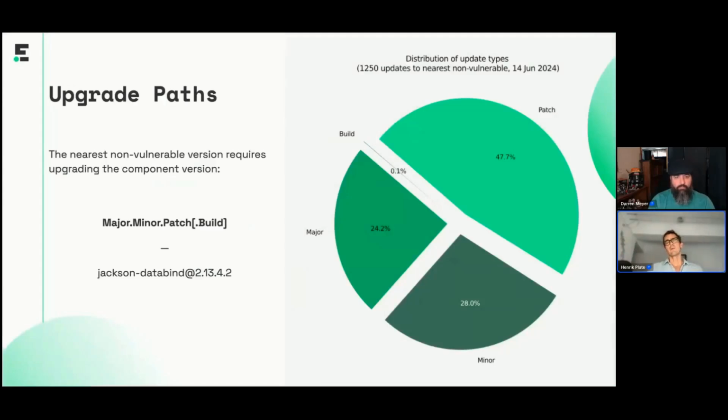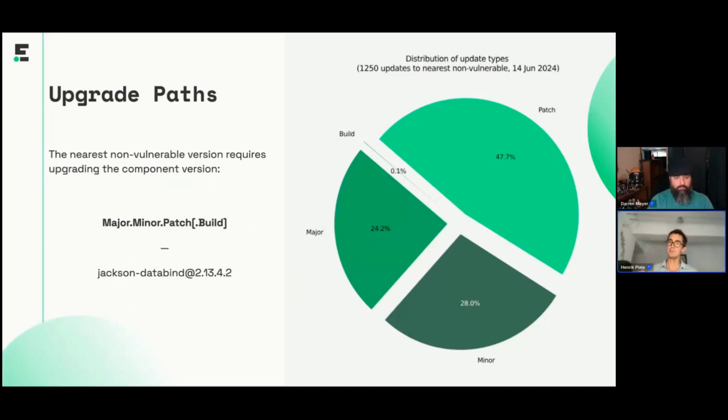So those numbers here are all for the Java and Maven ecosystem. We looked at the 1250 update paths related to the 15 components you have seen on the previous slide.